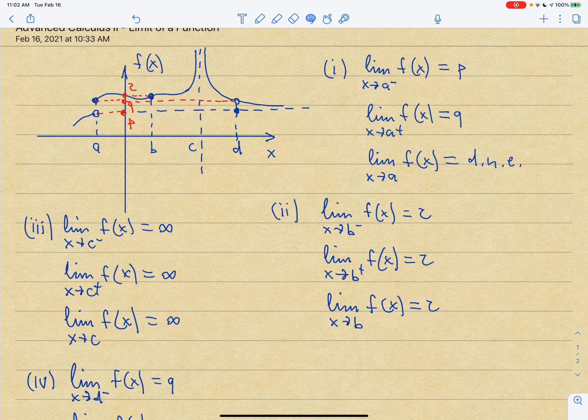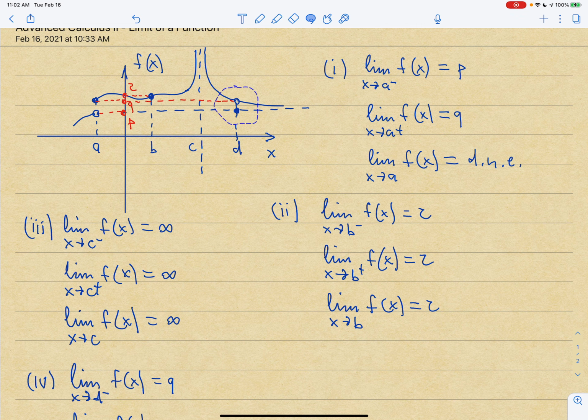So the point I'm trying to make here is that the value of the function at the point in principle has nothing to do with the limit of the function at the same point, right? Because in this case, the behavior of the function from the right and the left, as x gets closer to d, indicates that the values of the function will get closer and closer to q, but the value of the function at d is equal to p.